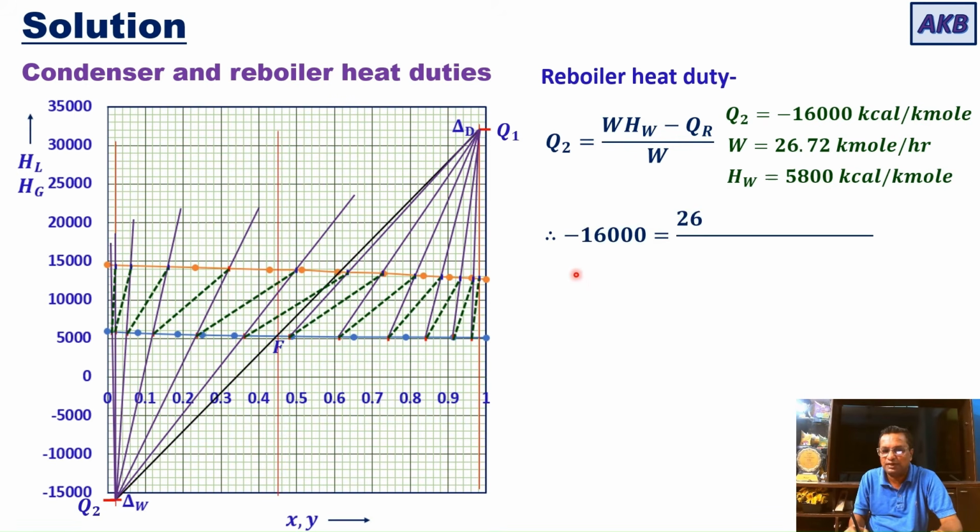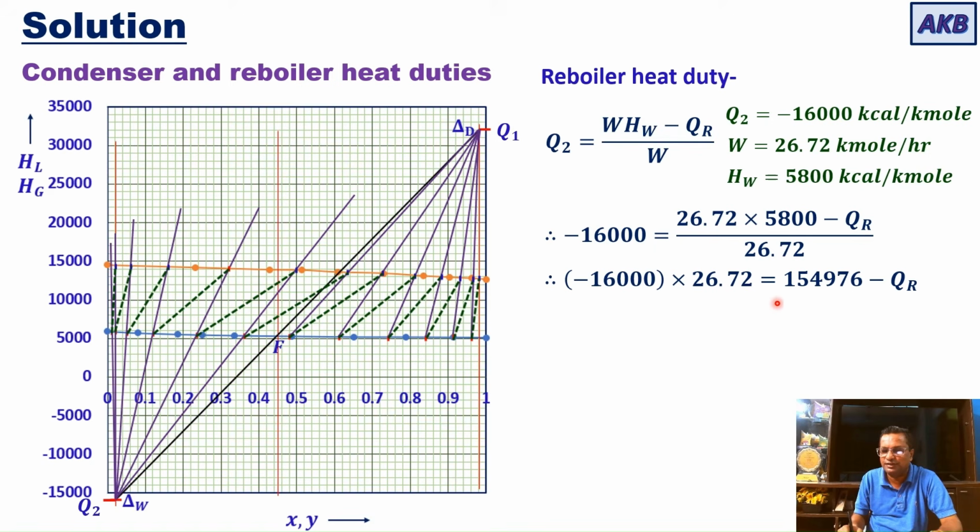If you use those values, it will be minus 16,000 = 26.72 into 5800 minus QR, divided by 26.72. That is, minus 16,000 into 26.72 equals 154976 minus QR, because this multiplication is 154976 and the other multiplication is minus 427520.